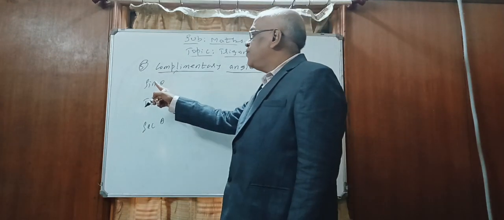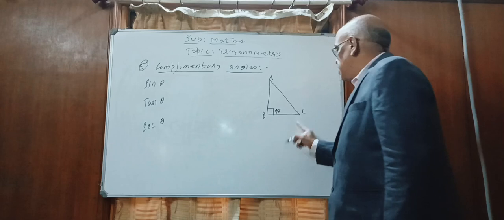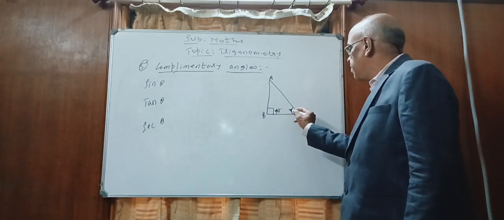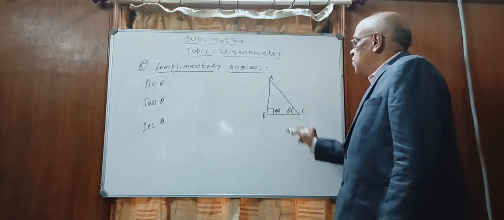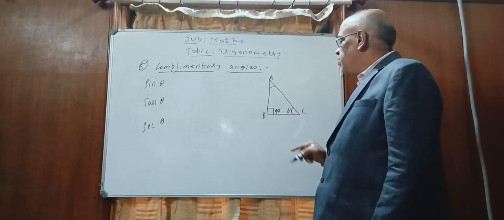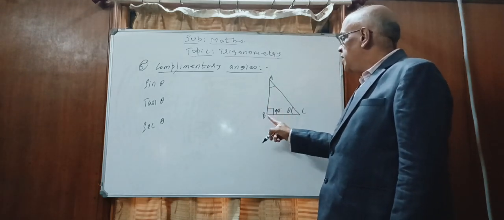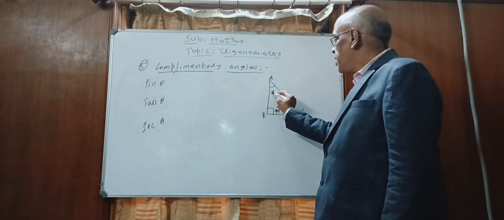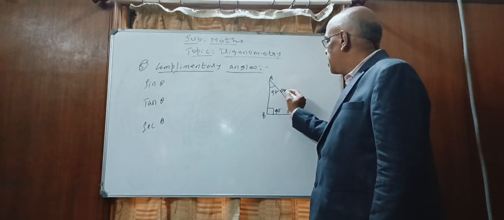So what is the complement of sine? Come to this triangle. Now, what is angle C? Theta. What about A? Just now we discussed A and C are complementary to each other. What is the complement of theta? 90 minus theta.